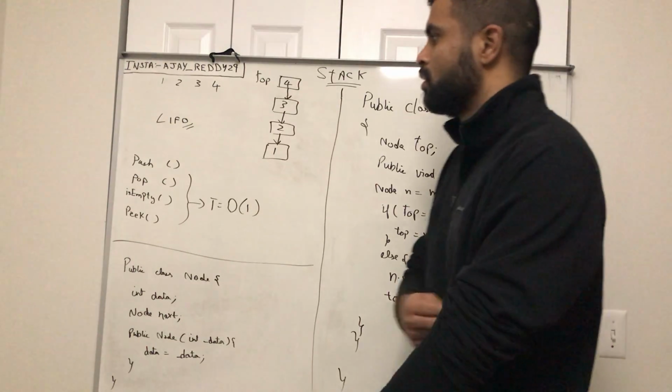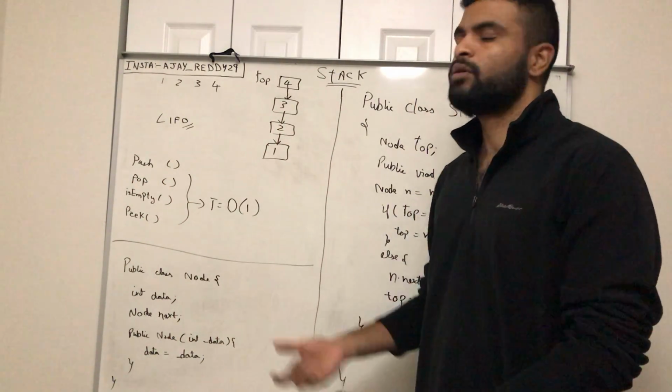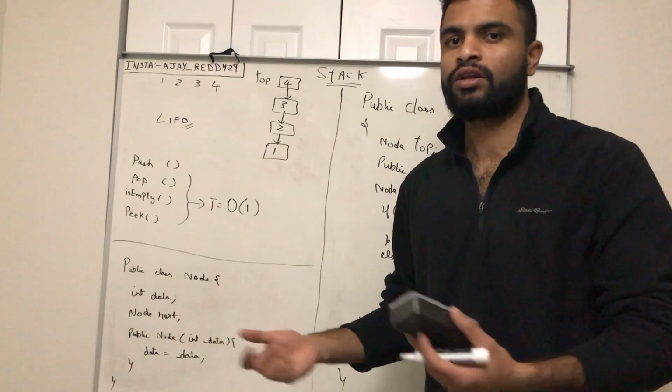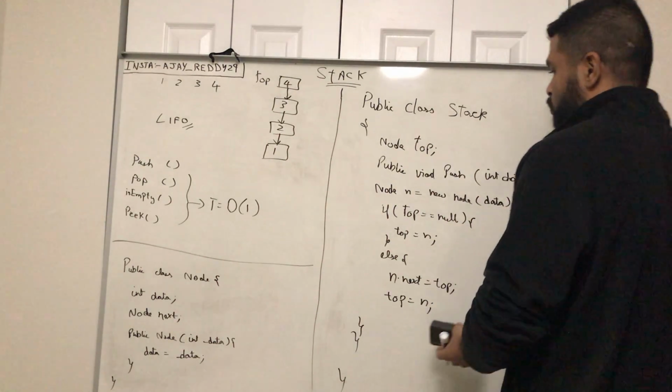So now let me implement the function pop. Pop is nothing but removing the element which is at the top of the stack, that is the element which was inserted last. So let's see how we can implement that.